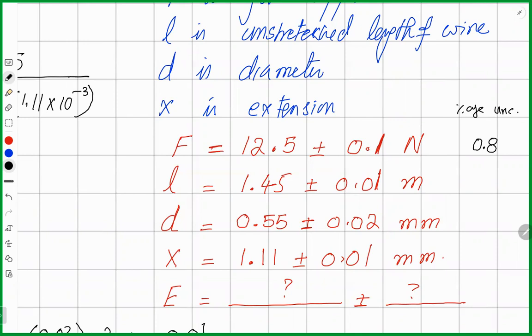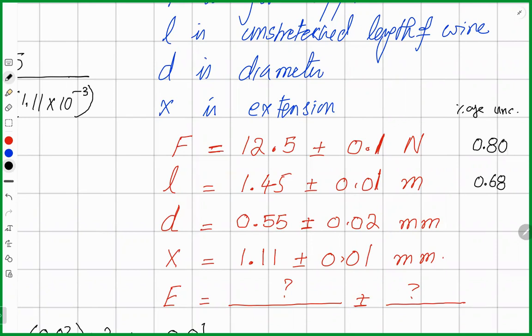The second one is 0.01 divided by 1.45. 0.68.